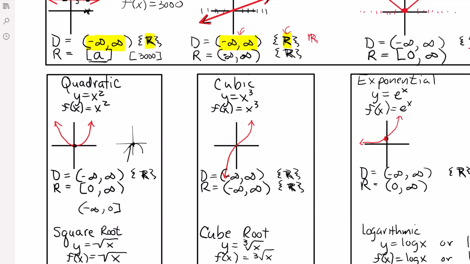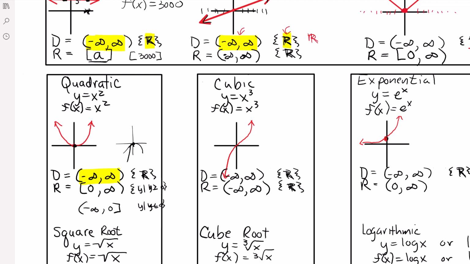It'll look something like that. And then in set notation, y such that y is greater than or equal to 0, or y such that y is less than or equal to 0. So that's set notation. But notice the domain, negative infinity to positive infinity.